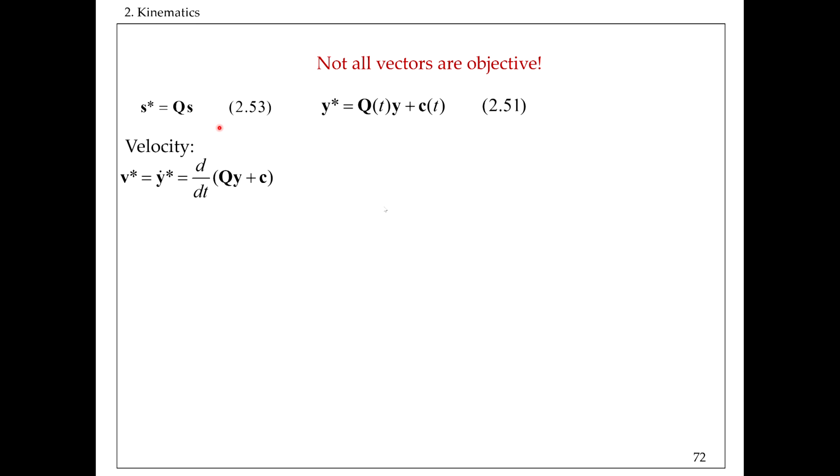If that's the case, then we can say that the velocity vector is objective. If it's not, then we need to say that it's not objective, so that it is affected by the rigid body motion. So what do we do here? We simply take the derivative of each of these terms. The first term, when we take the time derivative, will produce two terms: the first is q dot y, and the other is q multiplied by y dot, and we have c dot as well.